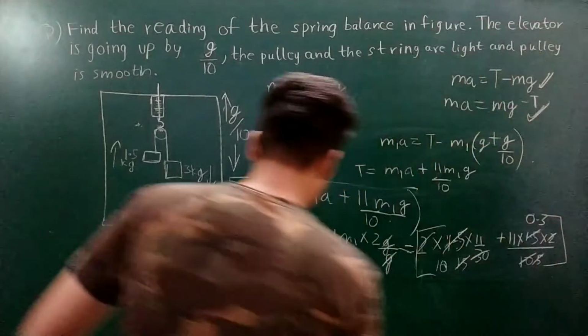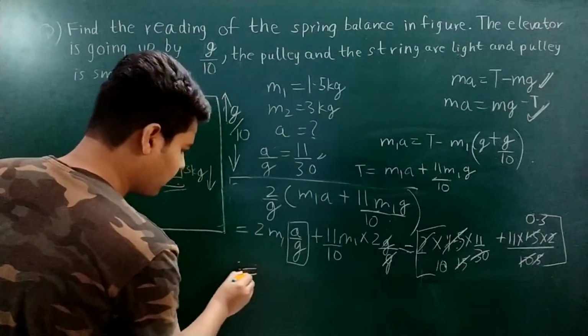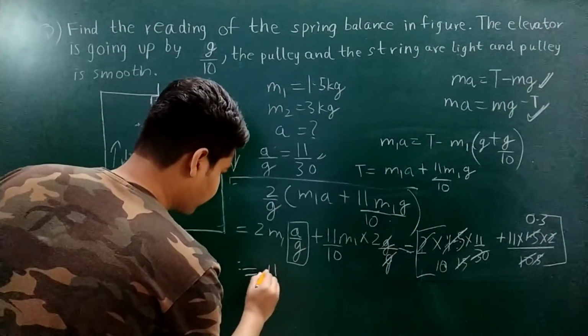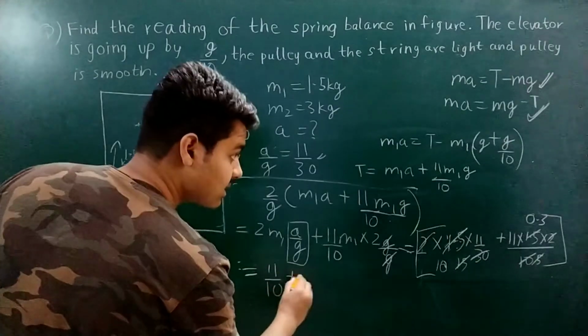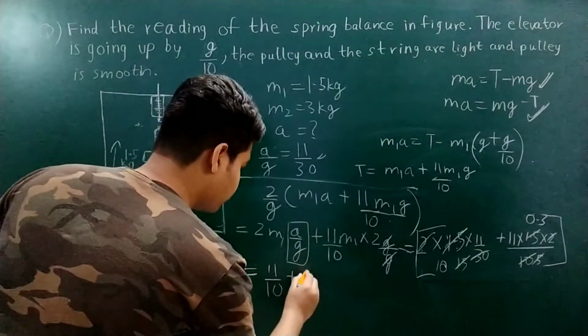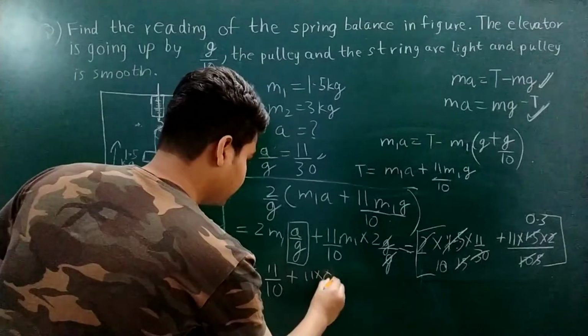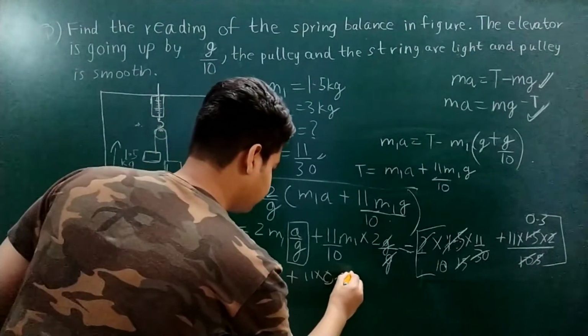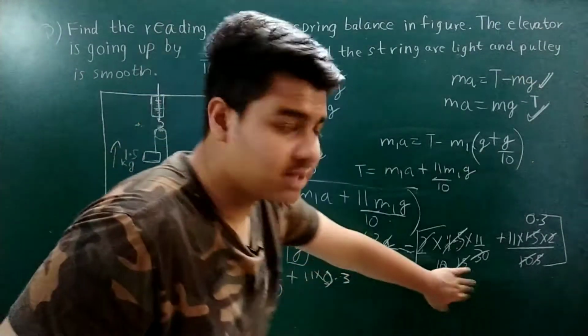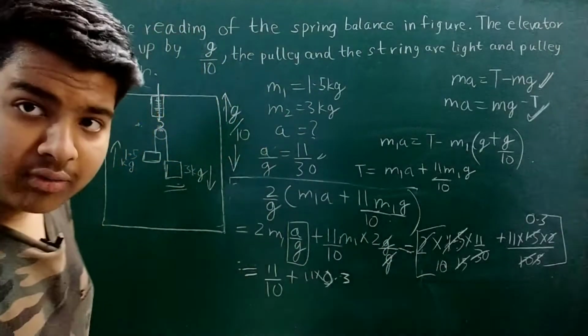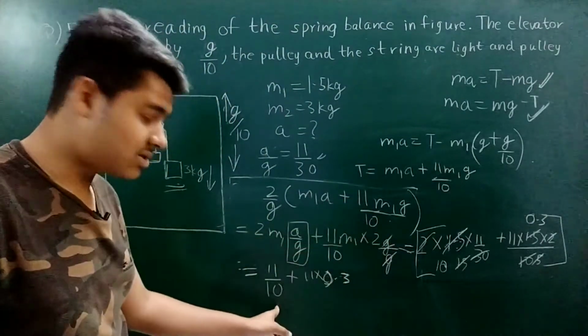So it will be 11 by 10 plus 11 into 0.3. If you did not get this part, you can solve it on your own and you will get this result.